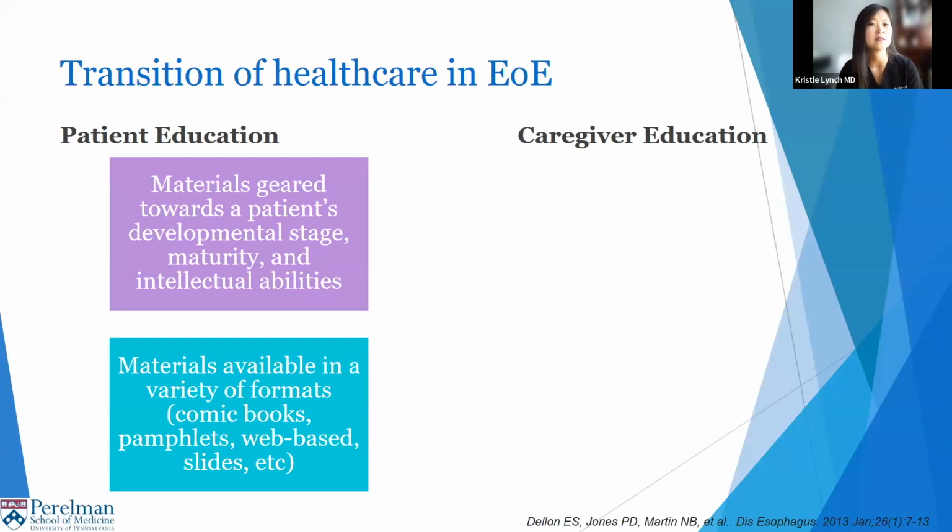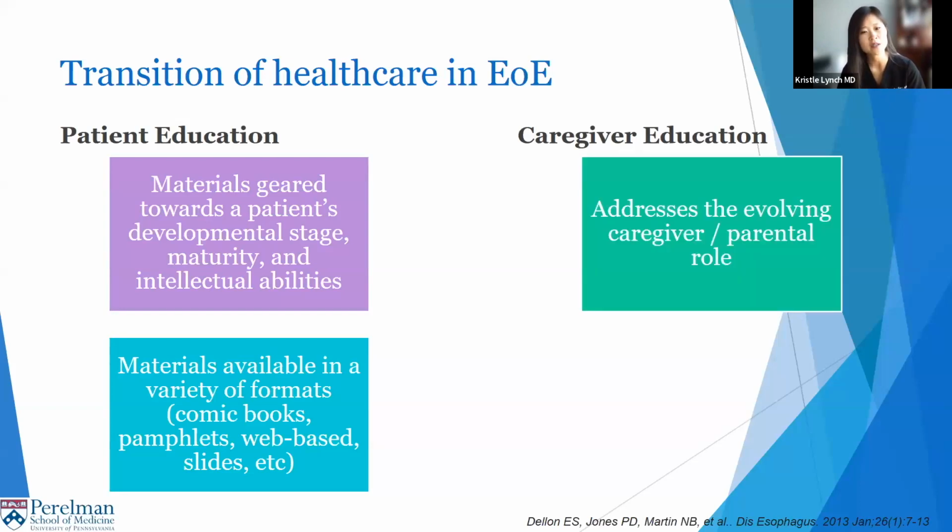And it would be ideal if these materials were available in a variety of formats, whether, some examples listed in this article that I'm quoting were comic books, pamphlets, web-based or slides, etc.